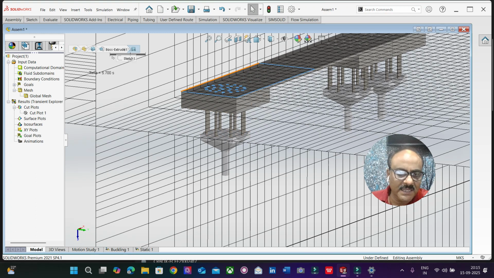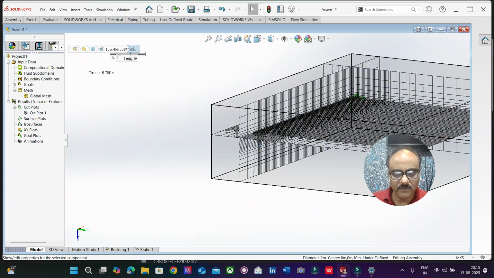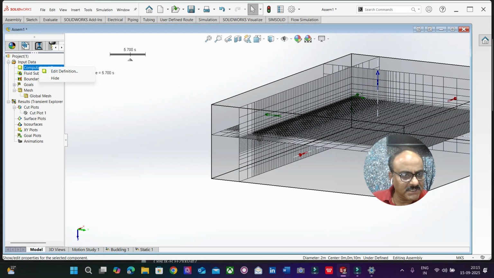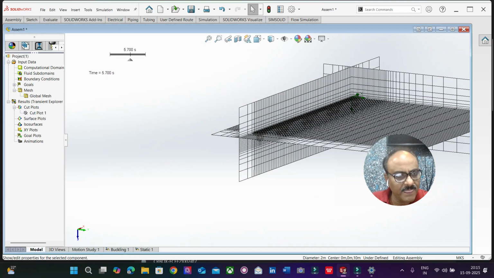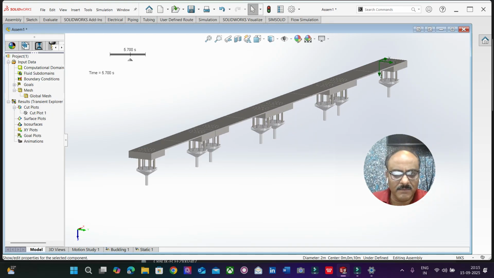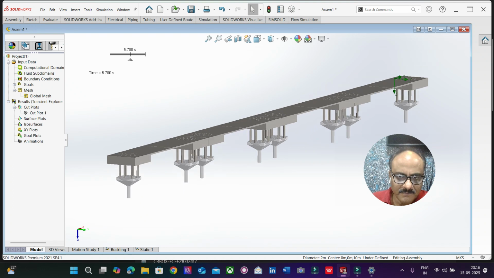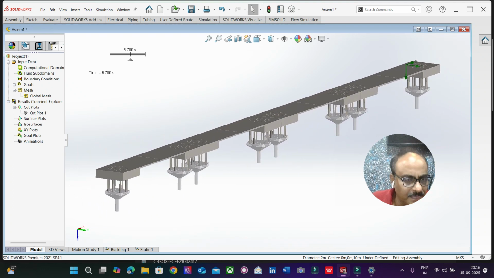The height of the bridge deck is 74.6, and this particular pier wall is exactly resting on the river bed, and that is minus 51. Now let me just hide the computational domain, and let me hide the mesh also, or the finite volume.